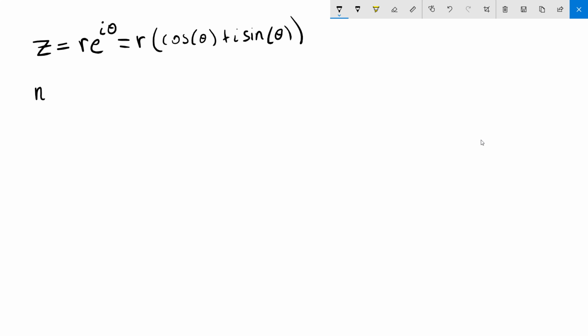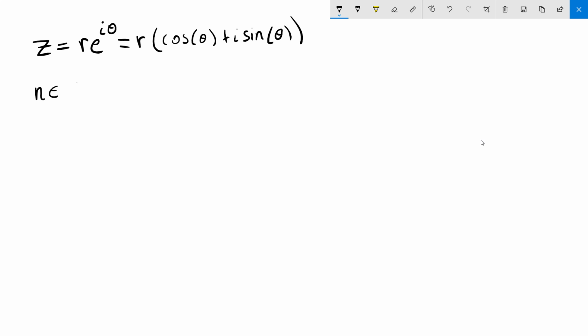So we've seen now that z can be written as r e to the i theta, and can be written as r times cosine theta plus i times sine of theta. Well, de Moivre's theorem states that for any integer n, actually, I think it even goes as far as to say any rational n.